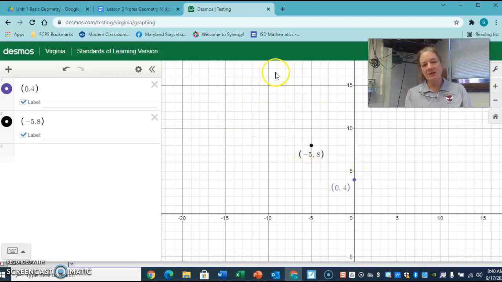So I know my other endpoint is somewhere up here. How can I find it? I can count the slope, just like you did in algebra, right? They're going to all be on a line. It's a line segment, so I can find the endpoint. So I'm going to start here at 0, 4, and I'm going to count up. 1, 2, 3, 4, 5.